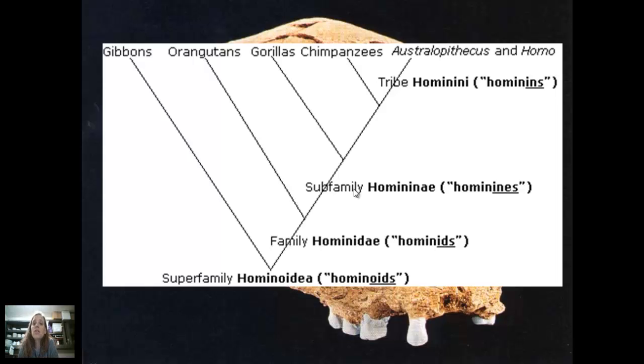Okay, so this is looking at a cladogram of hominoids, and as you can see here, there was an ancient ancestor that gave rise to hominoids, which include all of the great apes.